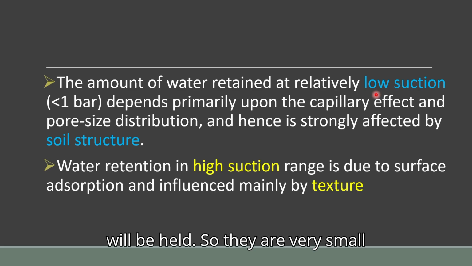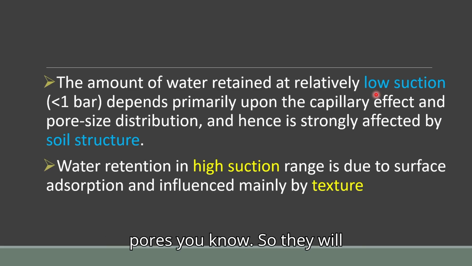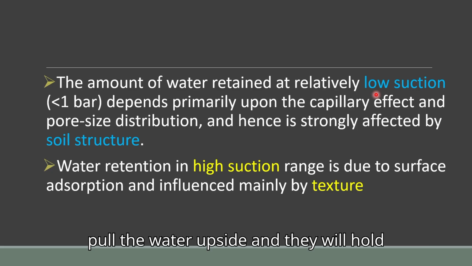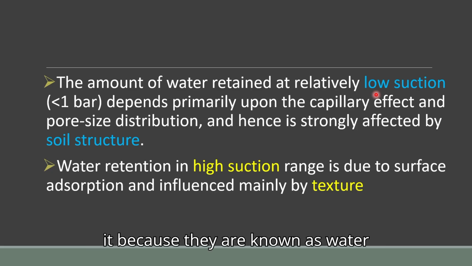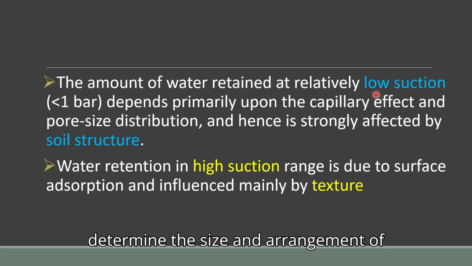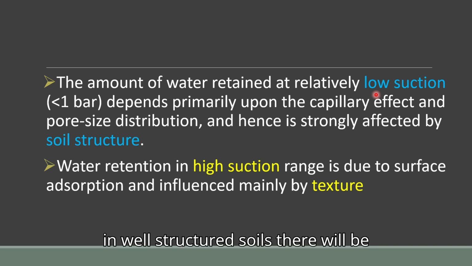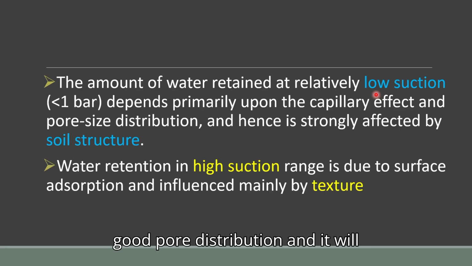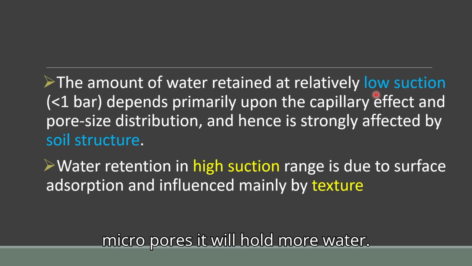They are very small pores, you know. They will pull the water upward and hold it there, because they are known as water retaining pores. The soil structure will determine the size and arrangement of these micropores and macropores. In well structured soils, there will be good pore distribution, and when it has more micropores, it will hold more water.